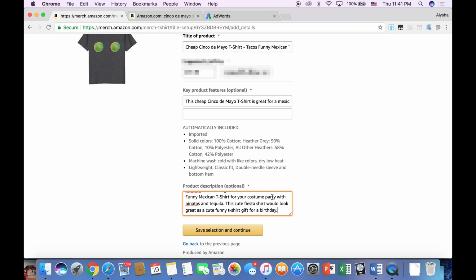Both are completely free. So: this cheap Cinco de Mayo t-shirt is great for a Mexican fiesta, margaritas, and tacos. Get this Tacos Funny Mexican t-shirt for your costume party with piñatas and tequila. This cute fiesta shirt would look great as a cute, funny t-shirt gift for a birthday.